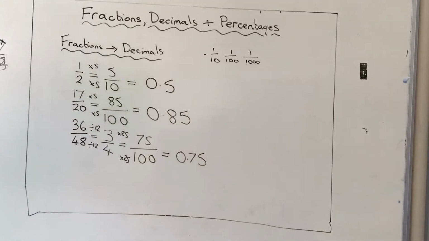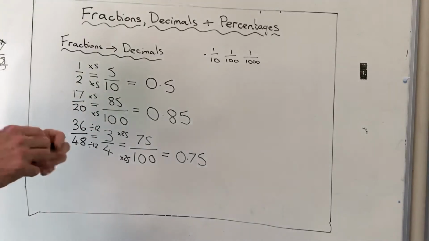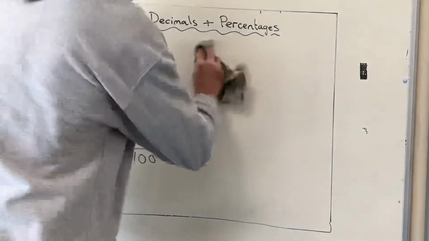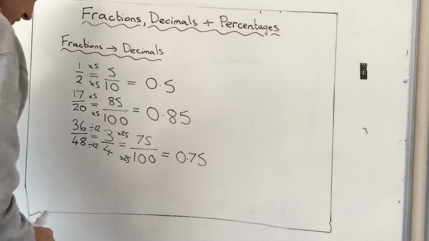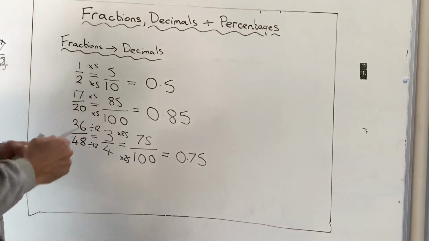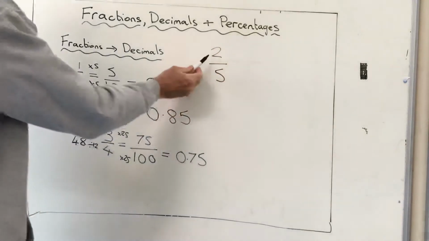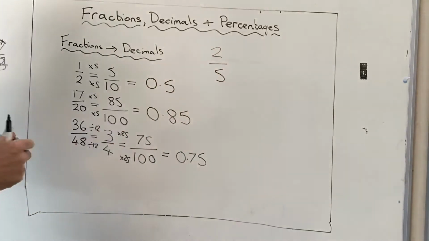That's the first method. The second method is understanding what a fraction is. Any fraction, for example 2/5: the numerator is 2 and the denominator is 5.